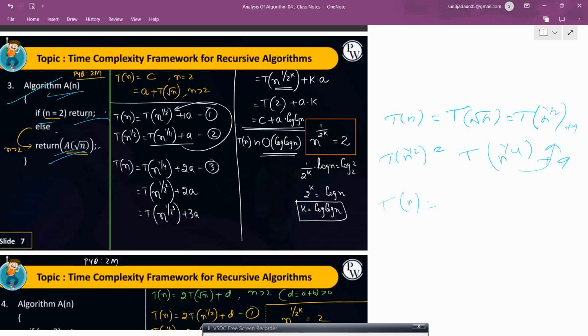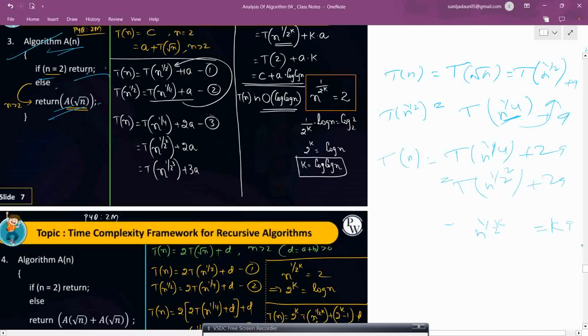The value is T of n by 4 plus 2a plus 2a. So if (1 by 2) power k is equal to ka. So what we will do is that n to the power (1 by 2 power k) is equal to 1.